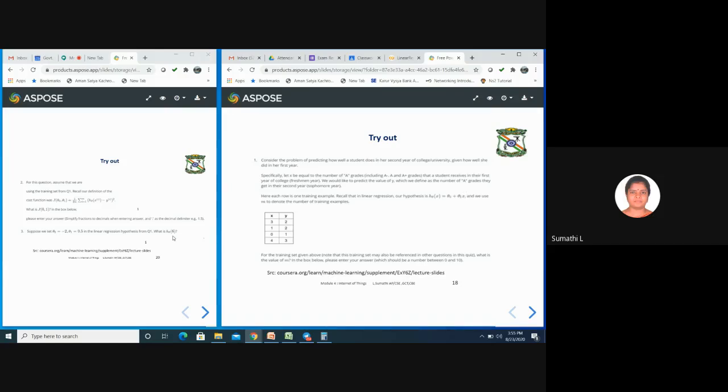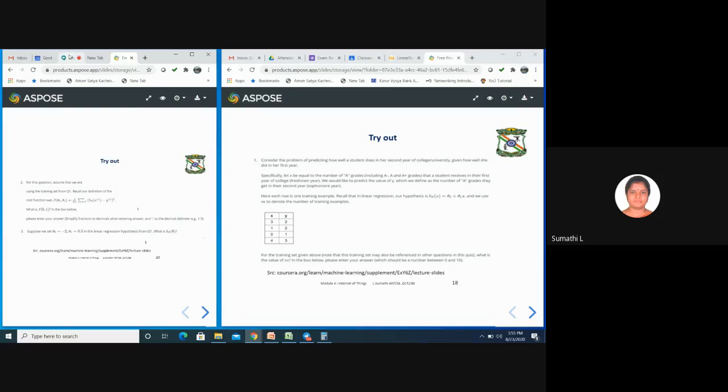So what will be the estimated value for h of 6? That is, I want to know if my input is 6, what will be the predicted value y? How do you do it? You apply the equation. So minus 2 plus 0.5 into 6. 0.5 into 6 is 3. So minus 2 plus 3, you have 1 as your answer.